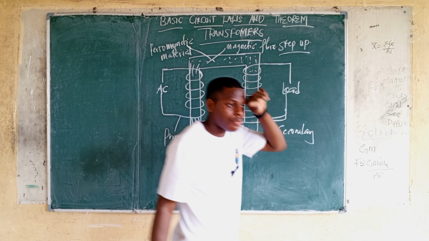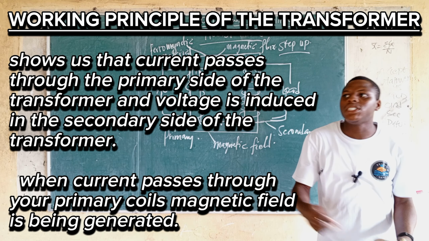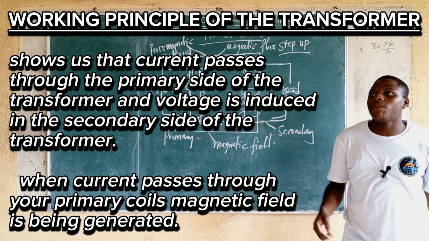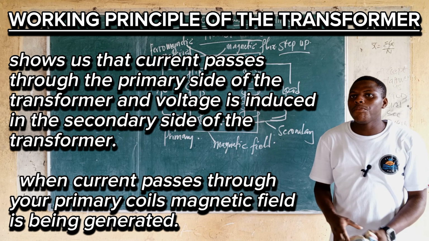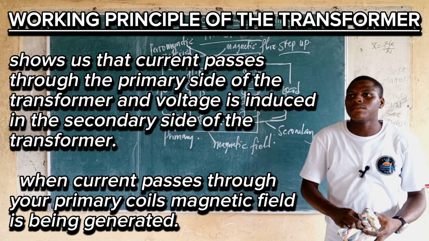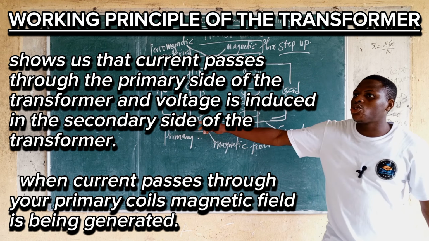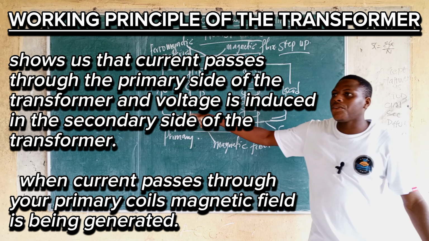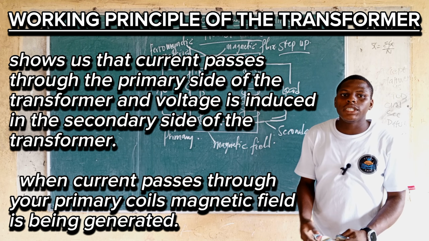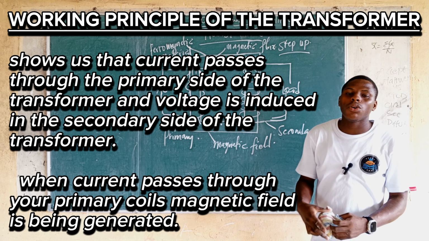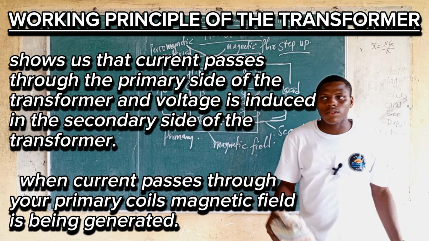So take this down. The working principle of the transformer shows us that current passes through what? The primary side of your transformer, and voltage is being induced in your what? Your secondary side of your transformer.